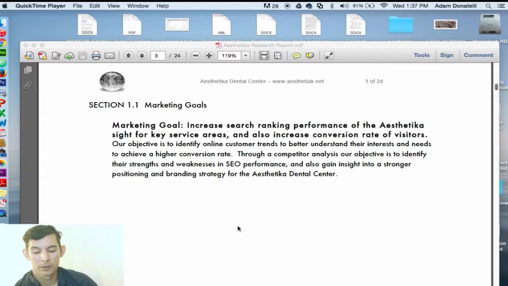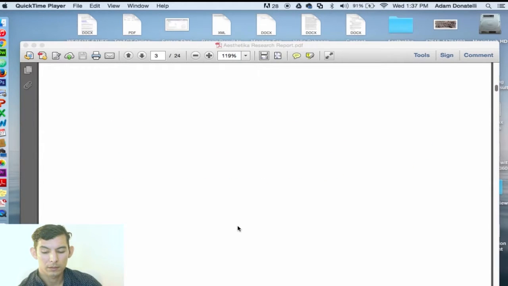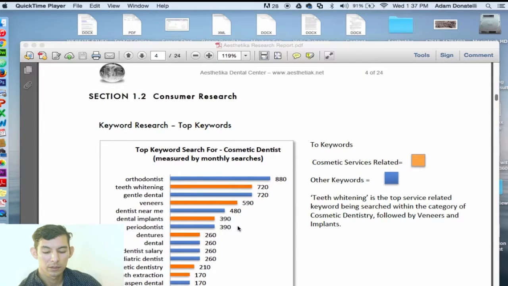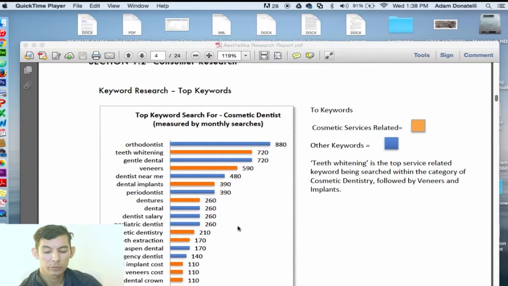All right. So moving on, we get into the keyword research, which is giving us insight into consumers. Now with the keyword research report, Google gives us access to their database of keywords that people are searching online, and you can narrow it down to your product or service or area, anything you like, and get keywords related to those areas.